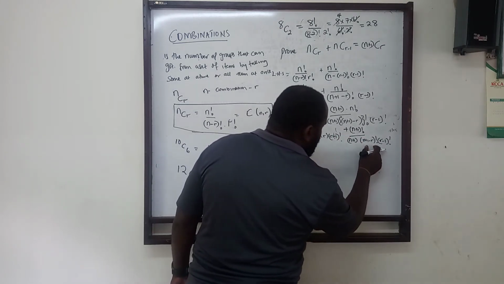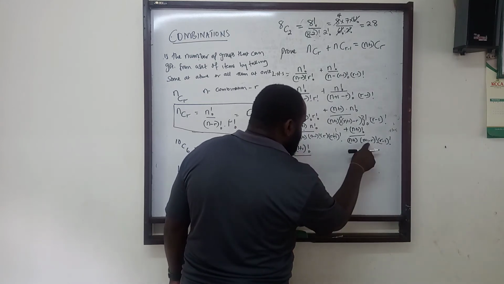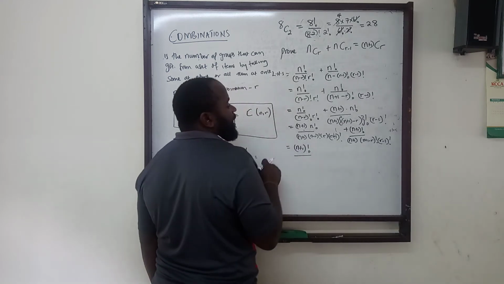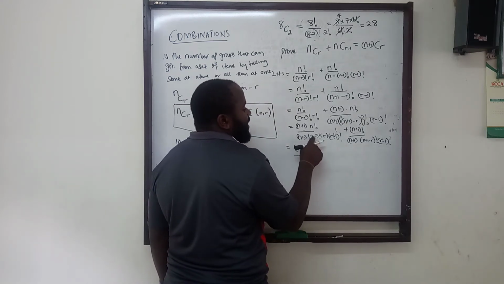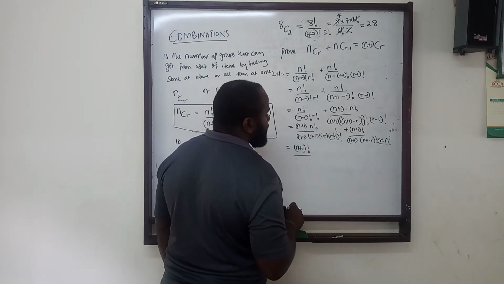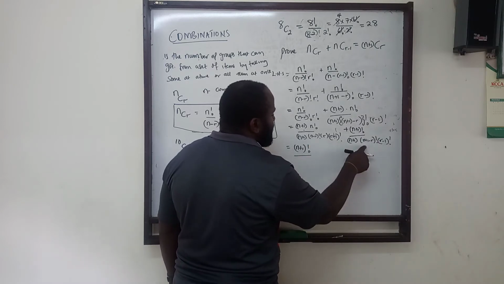I can reduce this one. Now, to make this one become part of that, I extract out n minus r and I reduce it by 1. So n minus r minus 1 will give me, no, actually this is smaller than this one.